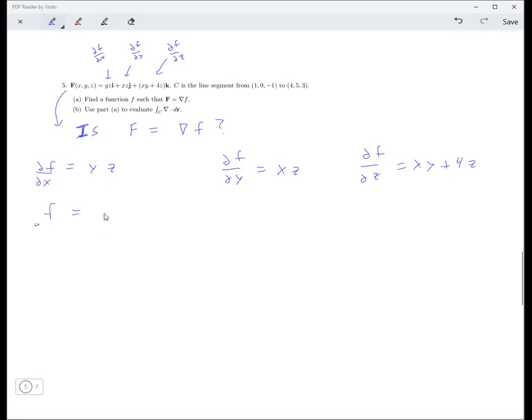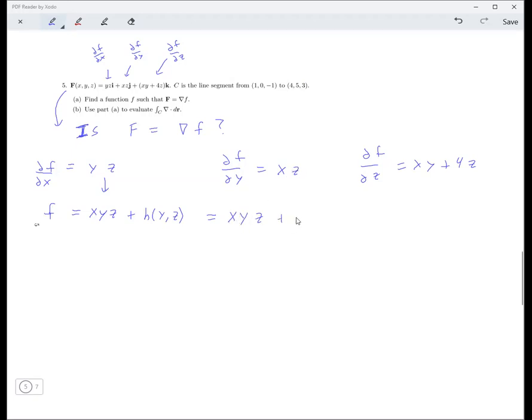Okay, so this is telling you that the partial of f with respect to x is yz, so xyz. But you could have a function in just y's and z's also, because when you take the partial of all of this with respect to x, you're going to get just this term. Now over here, similar thing. xyz, partial of this with respect to y is just xz.